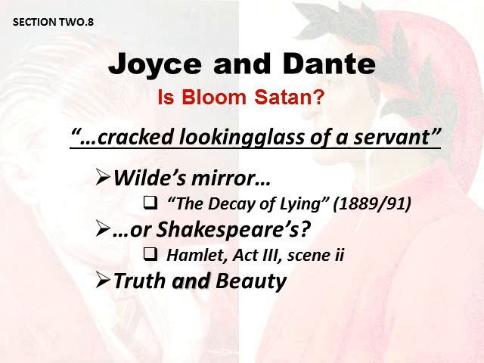What mirror does Joyce have to express his view of beauty? Compare Stephen's shaving mirror, a symbol of Irish art, the cracked looking-glass of a servant. The servant is the Irish artist. The cracked looking-glass is a unique culture expressed in a borrowed language, English, and under the constraints of an alien moral authority, Rome's Catholic Church.